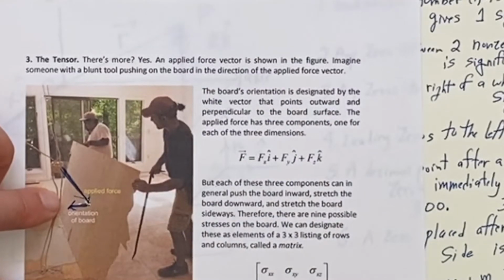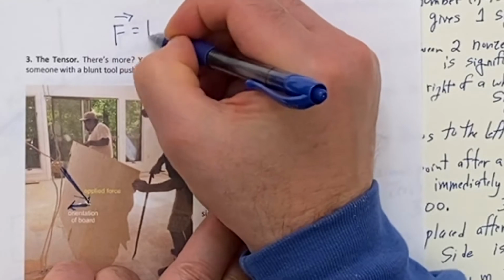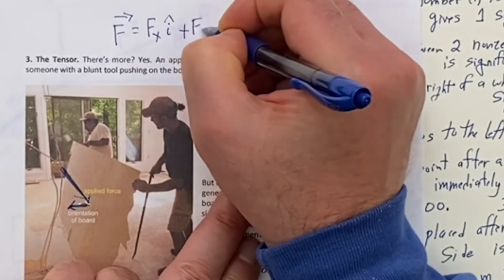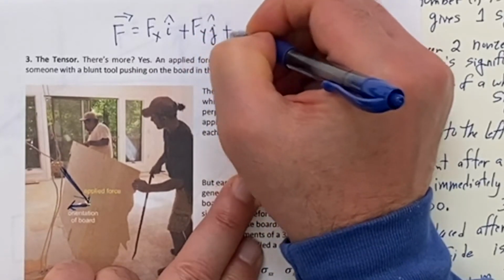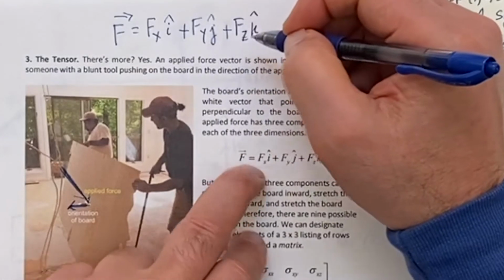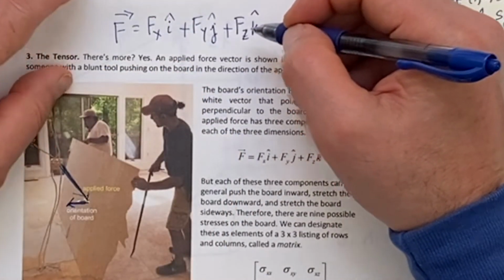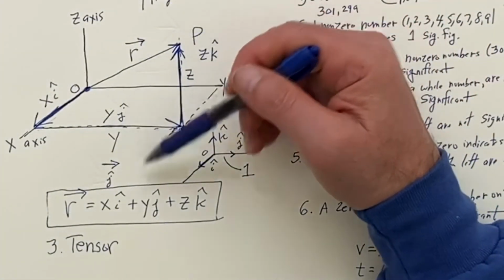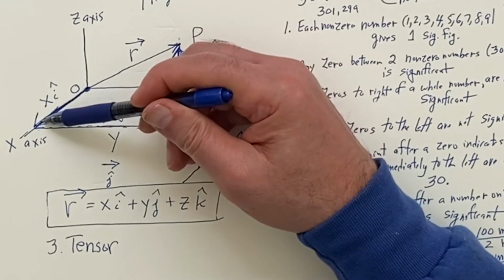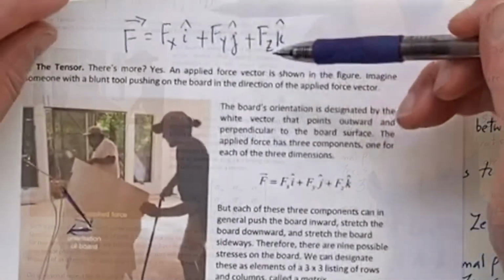Now, if we apply a force at that point, the force vector would have a force component along the x direction, a force component along the y direction, and a force along the z. In other words, the force vector has 3 vectors. Just like here, this r vector can be thought of as having 3 vectors: the x i hat, the y j hat, and the z k hat. So you've got 3 vectors.